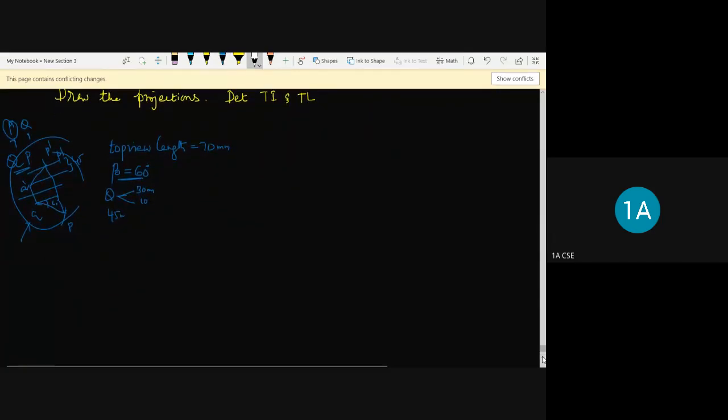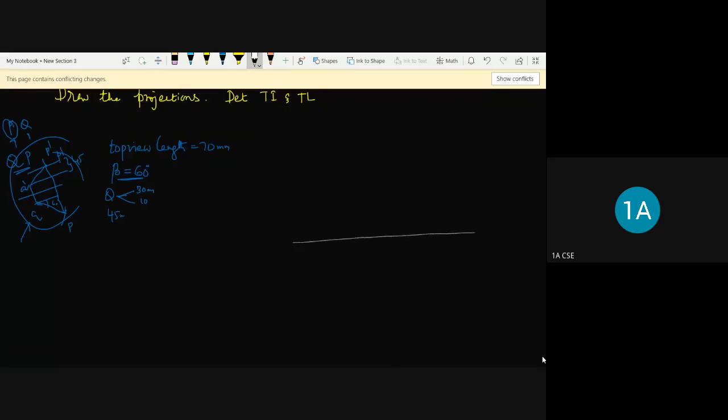So take the XY line, with VP and HP, and I'm constructing Q dash and Q here. Q dash is 30 mm above HP, so this is the Q dash.